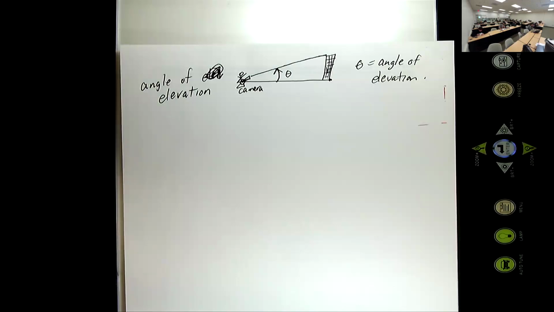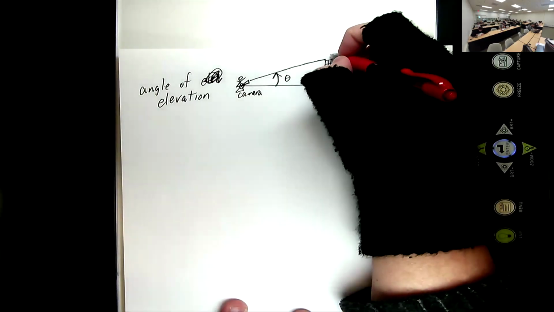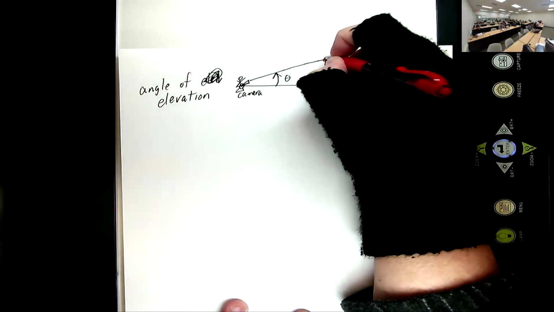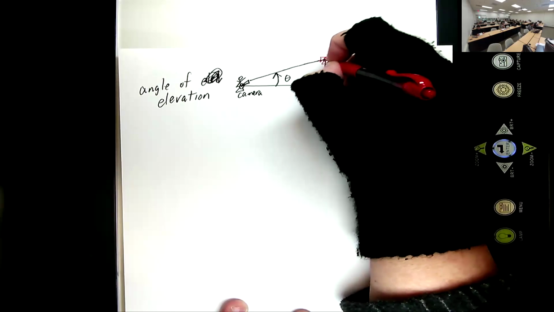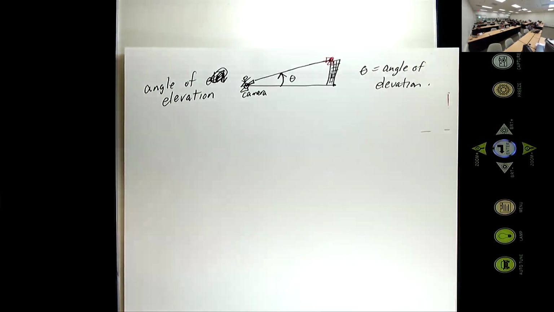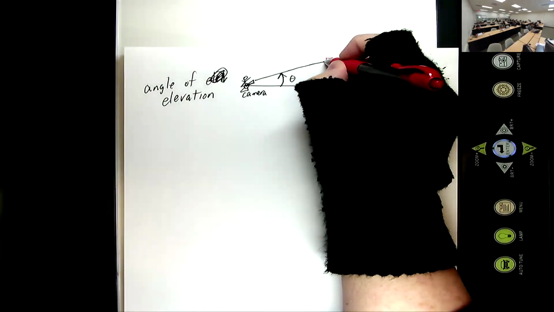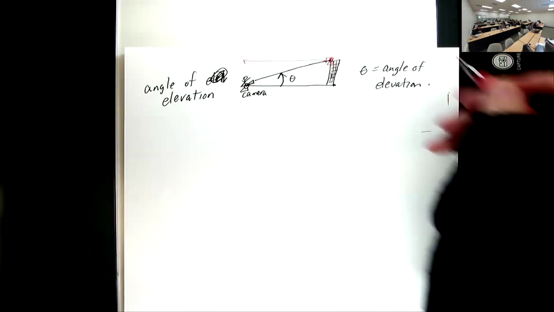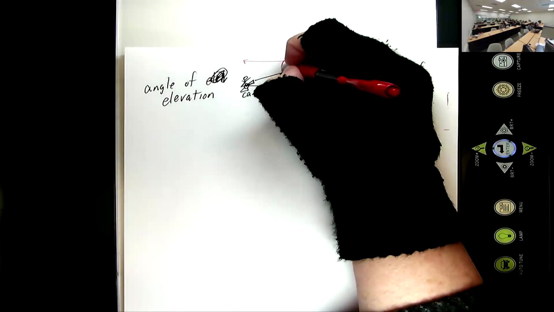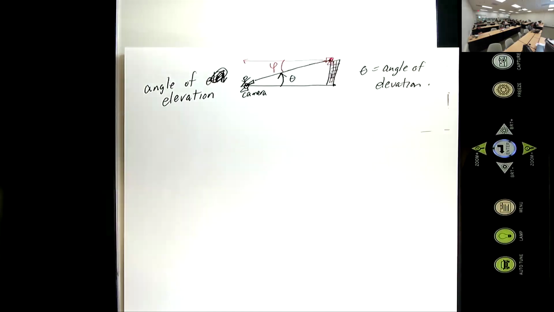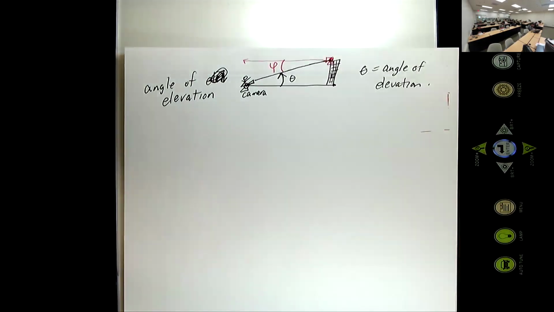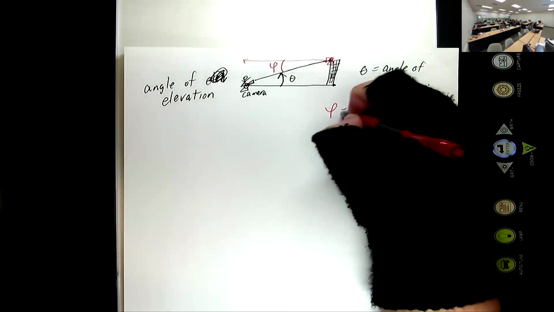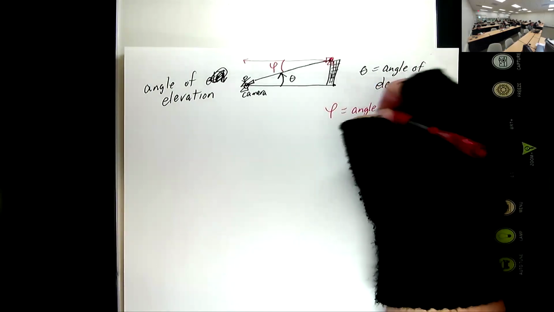I could flip this around and say, wait a second, there's a camera at the top of the building too, filming the dude filming them. So I'm gonna make this horizontal straight line here. And this one, I'll use a different character, psi, that's a Greek character. Psi here is called the angle of depression.